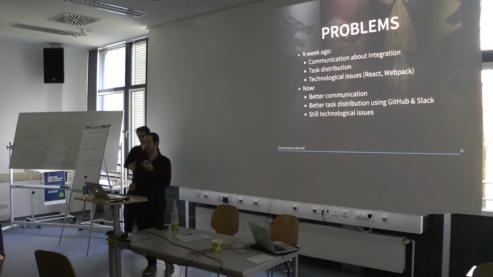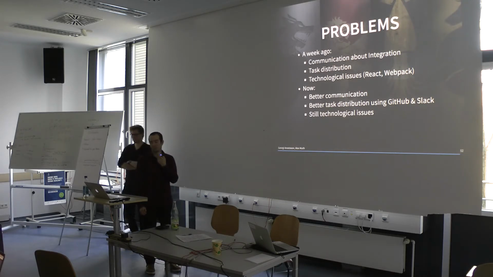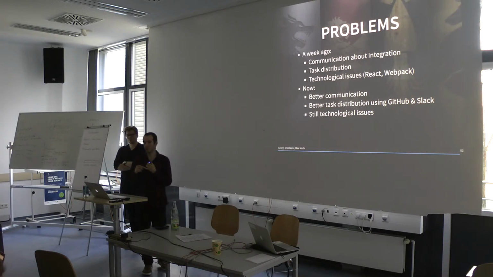And the communication is with Slack and GitHub, much better now. And we have some technology issues using React and Webpack, because it's pretty new to everybody, especially React, and so it's kind of difficult to work in there. What are the current technological issues that you're having?